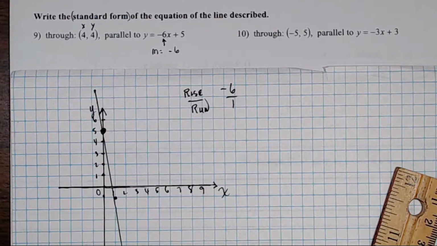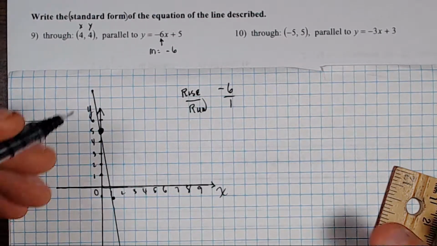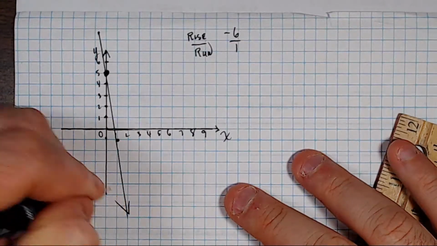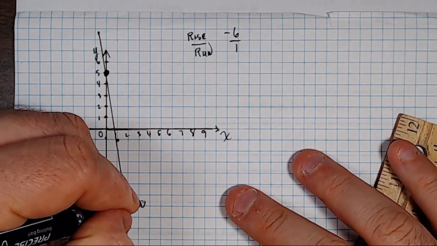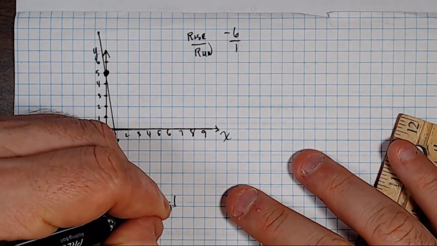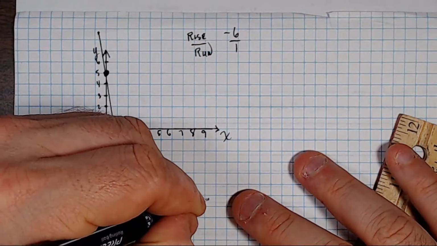All right, so now we've plotted this line. This line has a label on it. It is y equals negative 6x plus 5.